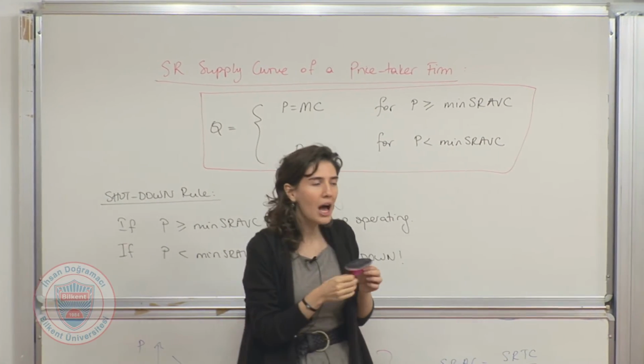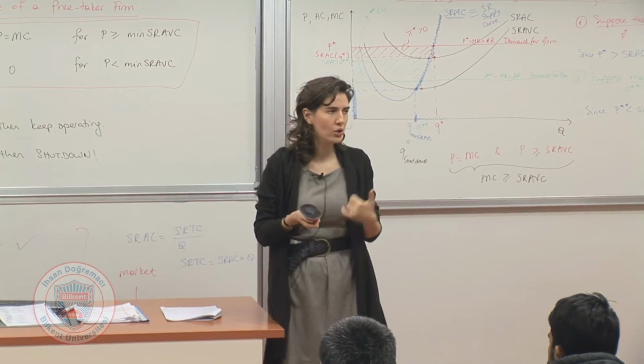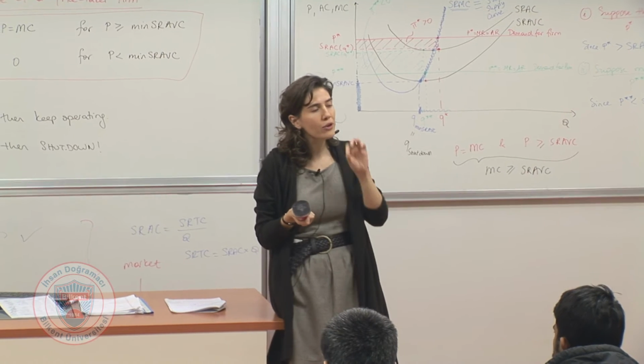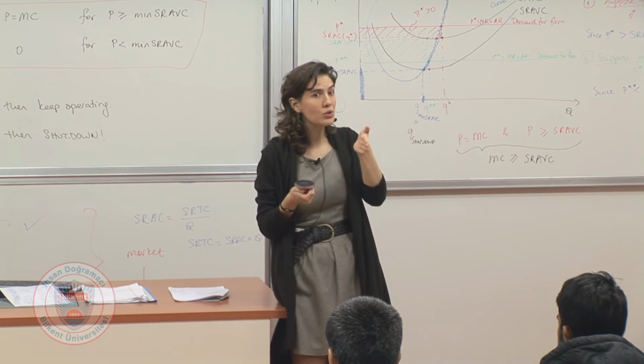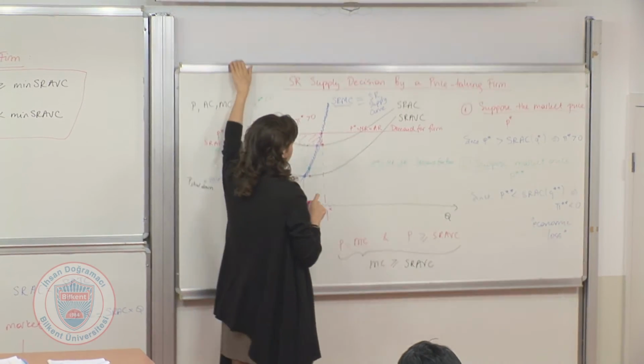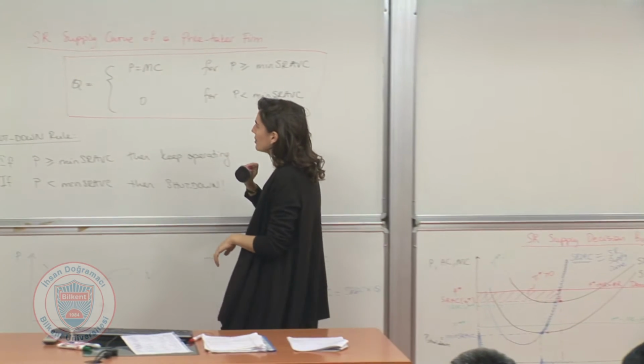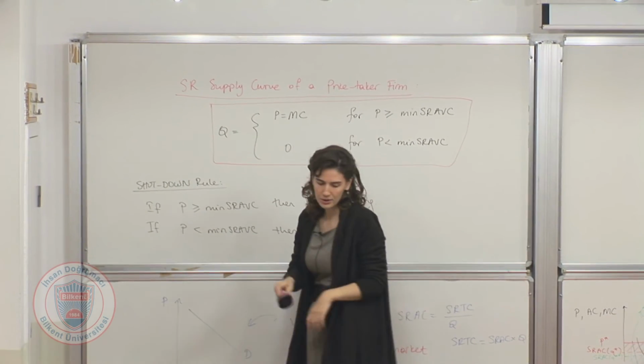Now let's try to get, mathematically, the long run supply curve of a firm, okay? So for that reason, we go back to the profit maximization problem, okay? Let's keep this guy, but this was the short run. Now we're going to be dealing with the long run.